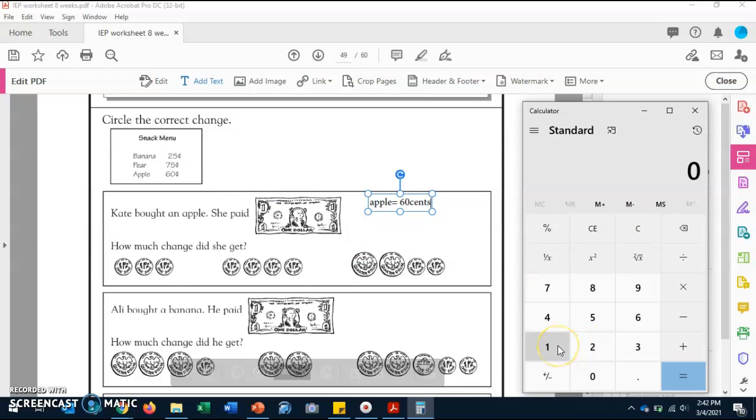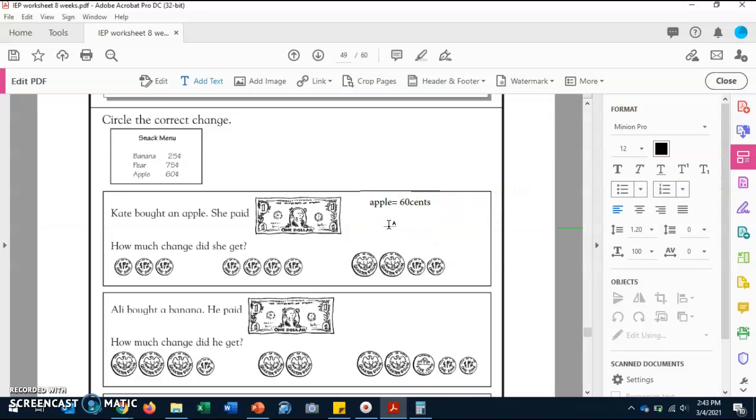So now what we have to do is subtract. We can put $1 minus 0.60, which gives us 0.4, and we know that means 40 cents. So let's put change equals 40 cents.